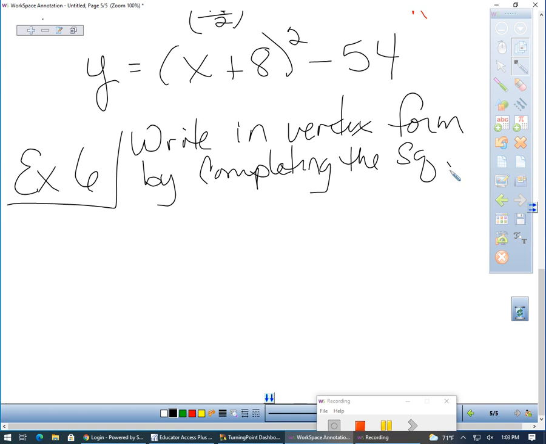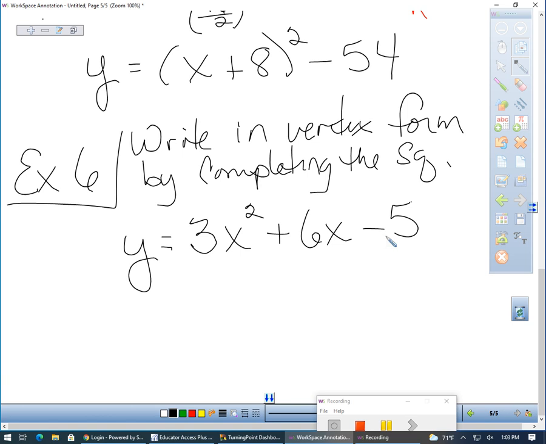It has to be 1 to complete the square. So what happens if you get y equals, how about, it's not that scary, 3x squared plus 6x minus 5.